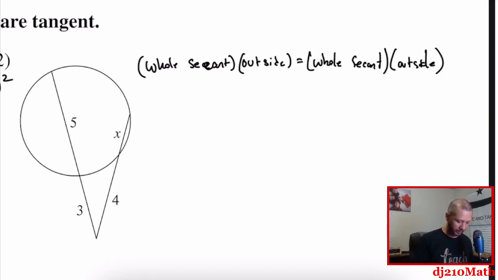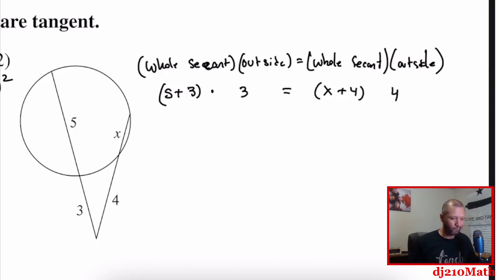So this is going to be 5 plus 3 times the outside part, which is just 3, is equal to x plus 4 times the outside, which is just 4. Okay, 5 plus 3 is 8, times 3, equals x plus 4 times 4.